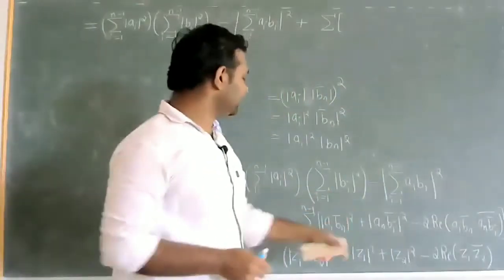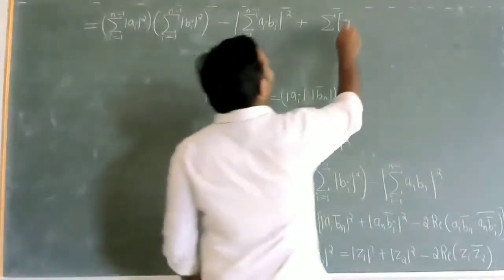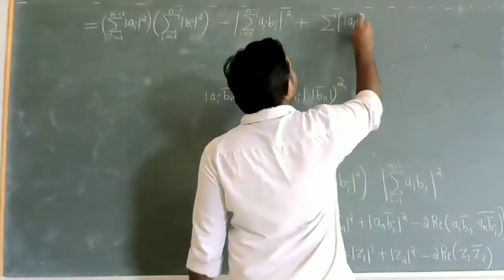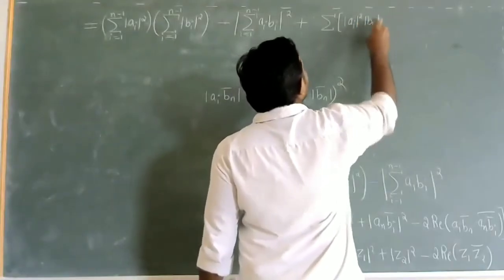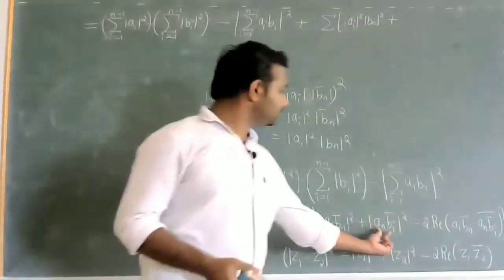So the first term can be rewritten as modulus of ai whole square into modulus of bn whole square plus. Similarly, split this also.